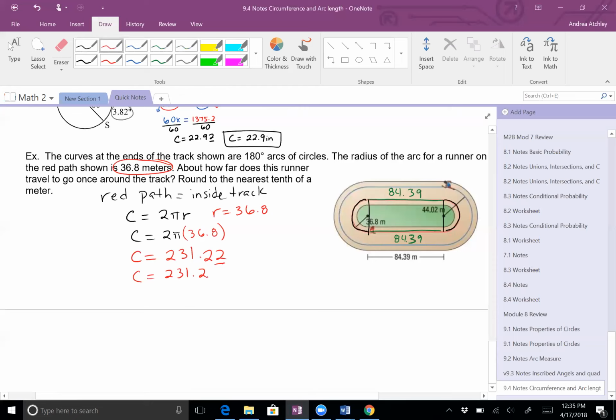So now to find all the way around, we have to just add it all up. We have 231.2 plus 84.39 plus 84.39.